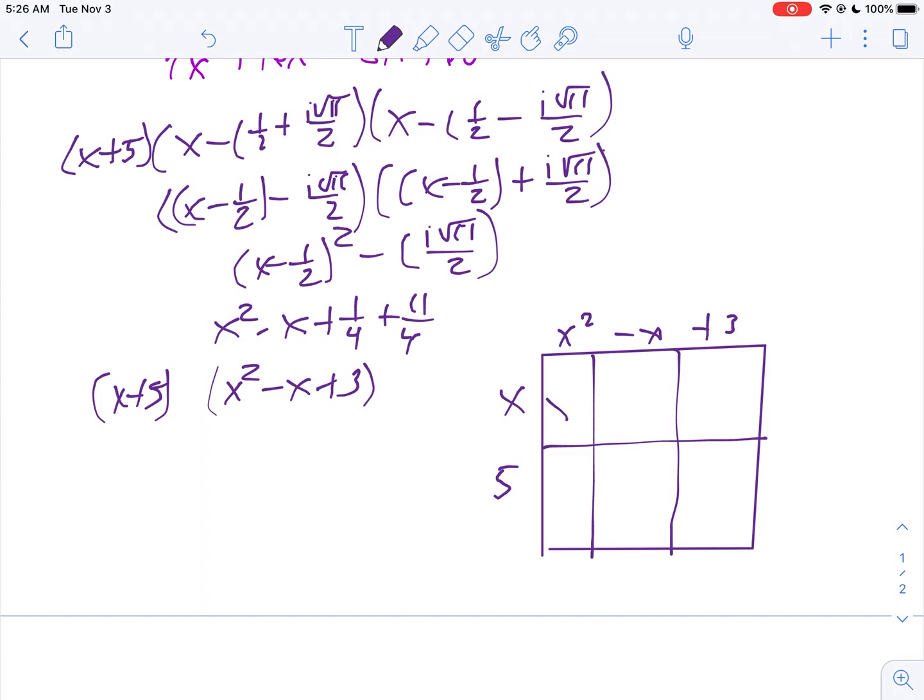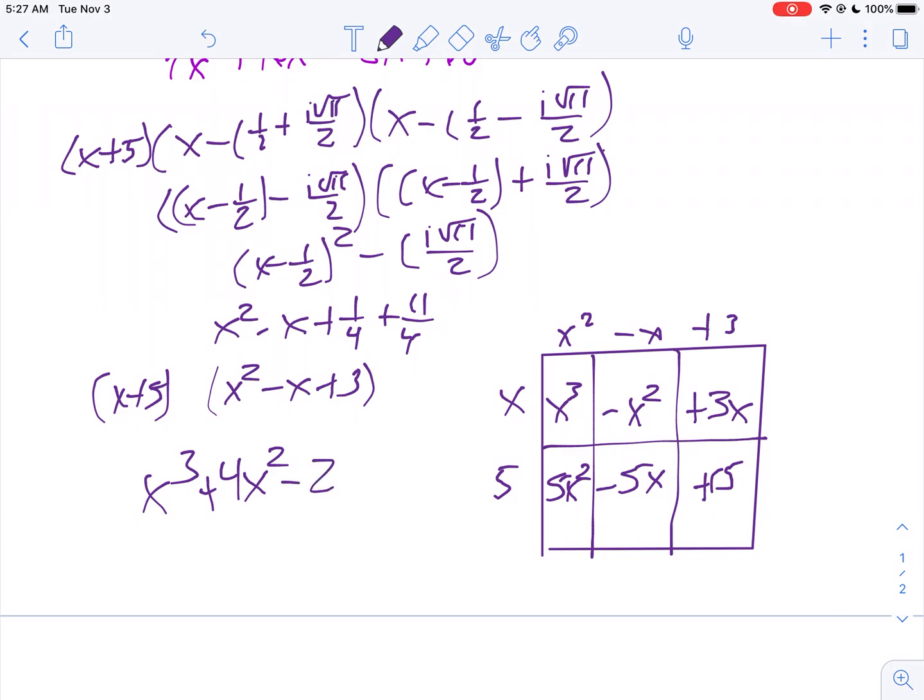So x squared times x is x cubed, minus x squared, plus 3x. 5x squared minus 5x plus 15. So we get x cubed. Negative x squared plus 5x squared is 4x squared. 3x minus 5x is negative 2x plus 15. So that's the answer that's on your solution.